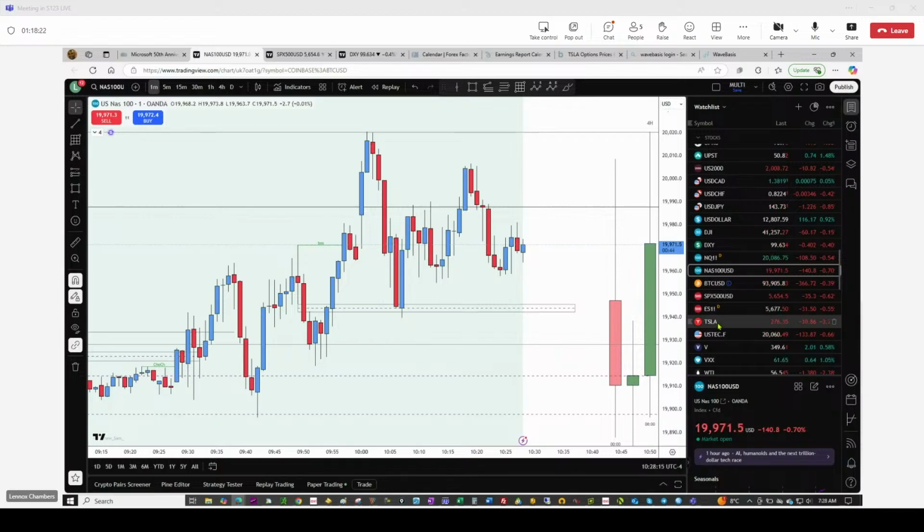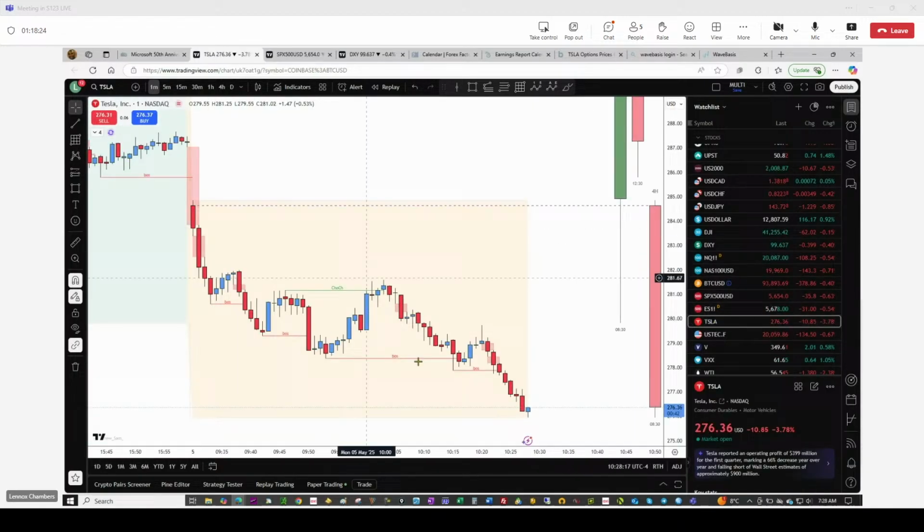How's Tesla doing? Tesla's still consolidating right now. Tesla's still dogging it, eh? No strength in Tesla whatsoever.